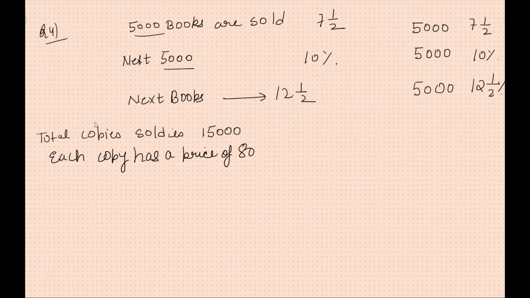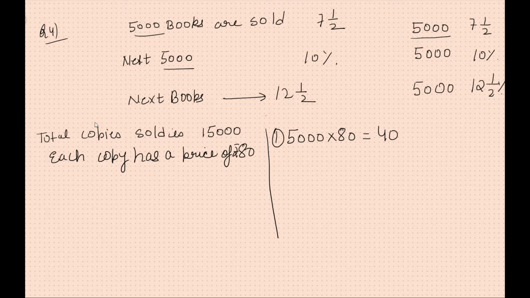So what we are going to do here, children, is first find the total amount earned by the first 5,000 copies sold. 5,000 into 80. 5 8s are 40, and how many zeros?